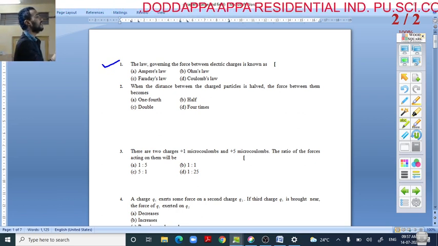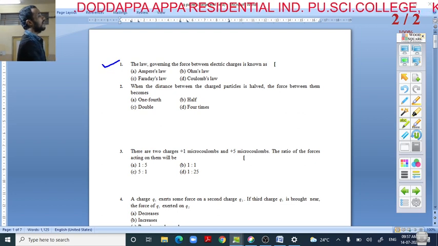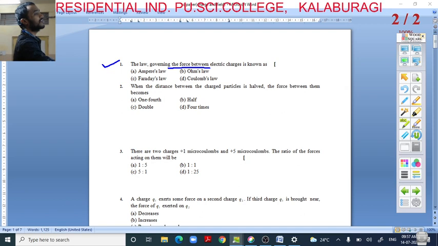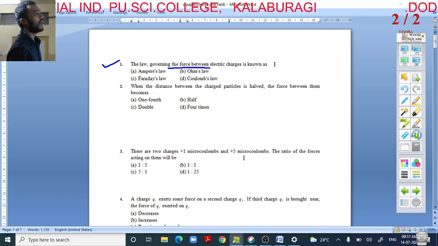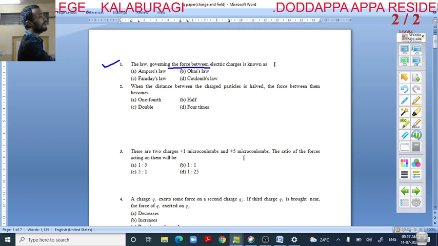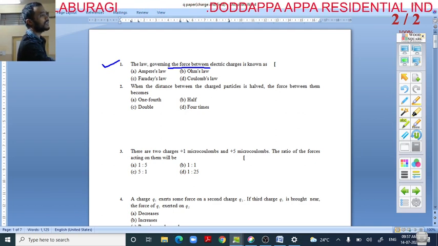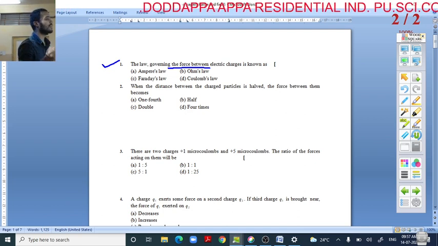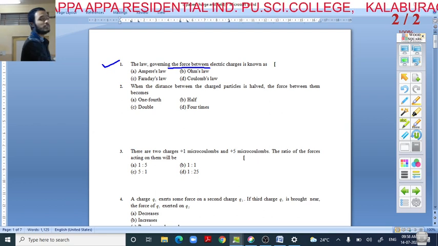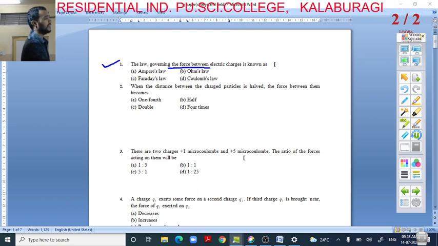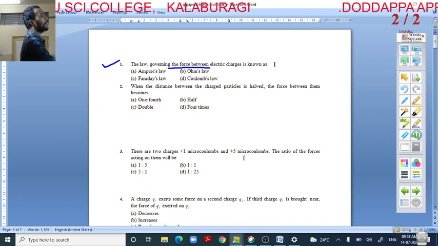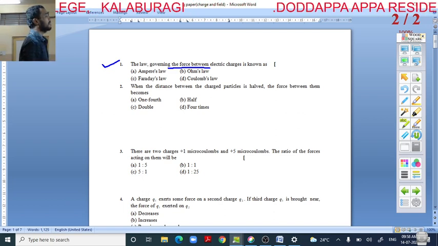The law governing the force between electric charges is known as. Just try to understand this law. Some options he has given: A, B, C, D. First one, Ampere's law.